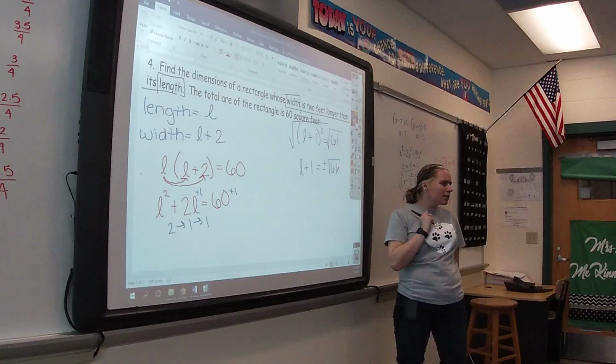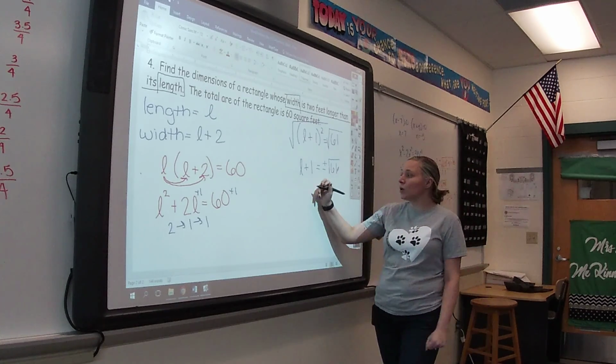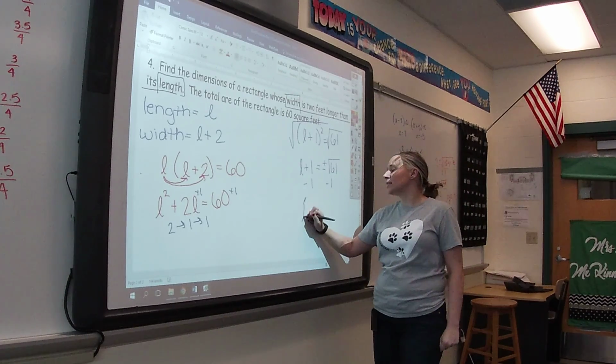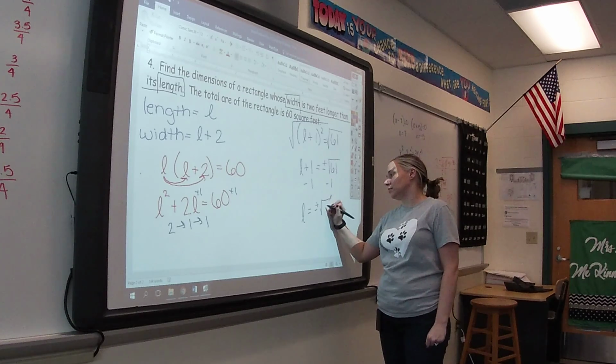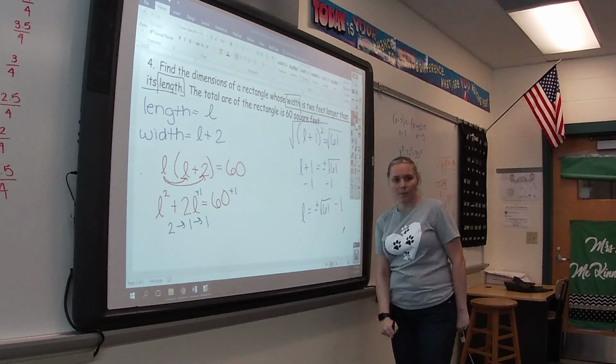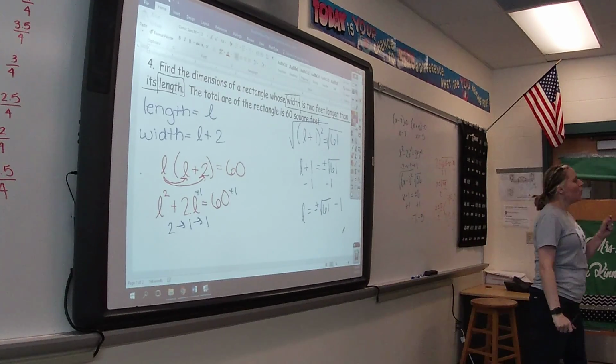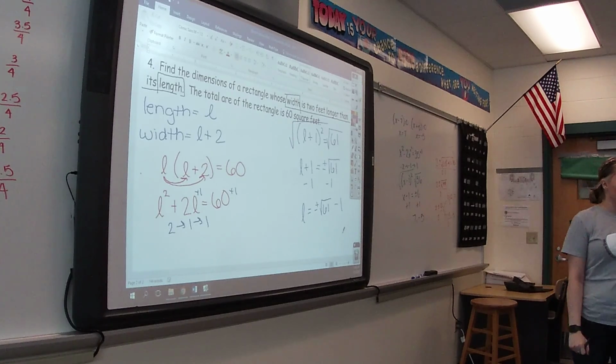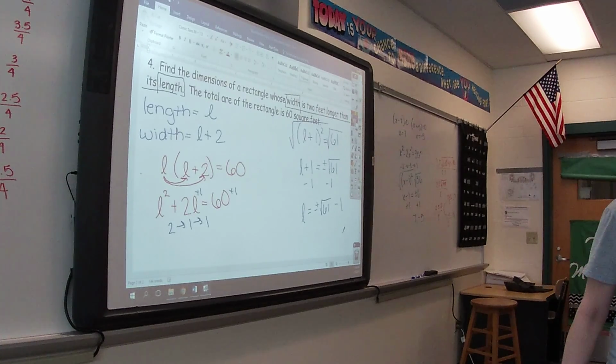Can we take the square root of 61? No. And that now provides us with an interesting dilemma. Because if I want to tell you the length of something, we are ready for a final answer. I can't go to Lowe's and say, hey, will you please cut this board at a length of plus or minus the square root of 61 minus 1?